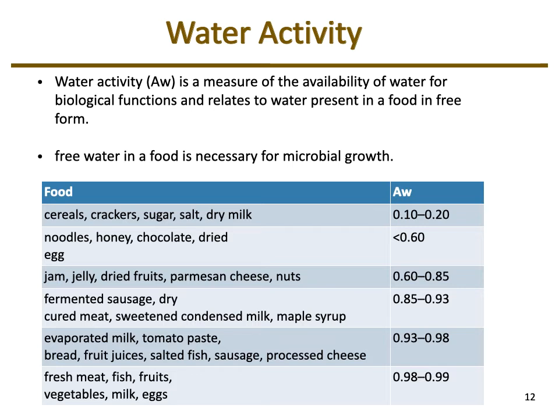Things like noodles or honey are going to have a relatively higher one, but still relatively low. If we look on the higher end, this is where we have fresh meats, fruits, vegetables, milk, and eggs. Just think, if you left those on the counter with that high water activity, there's going to be free water for microbes to grow and end up spoiling your food.